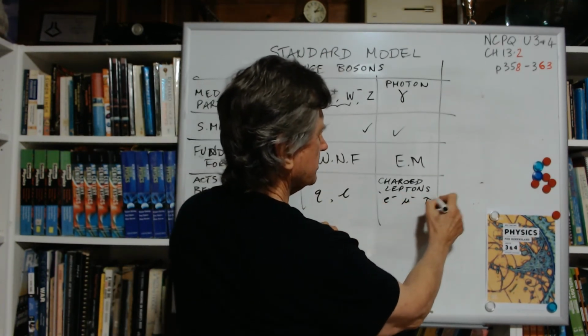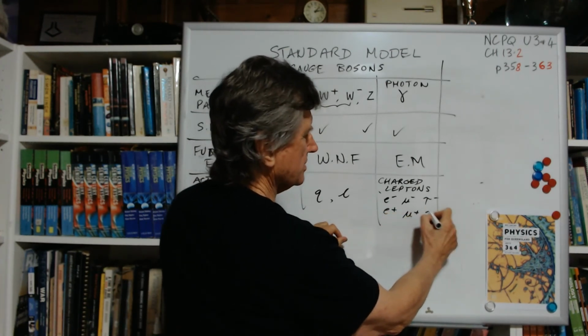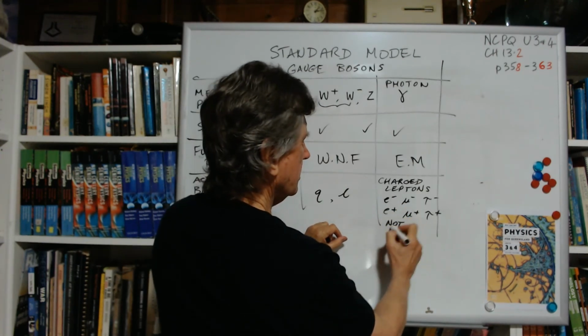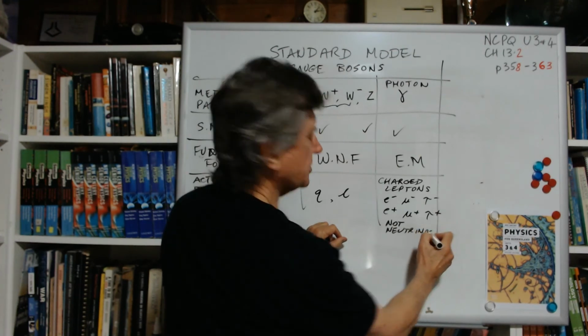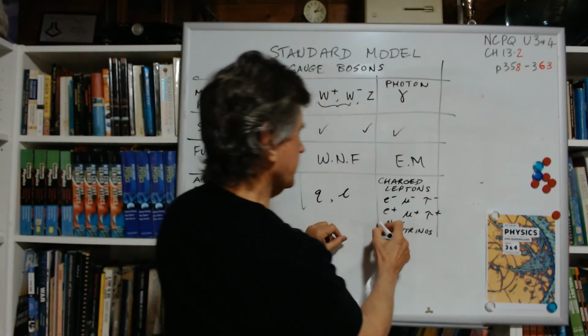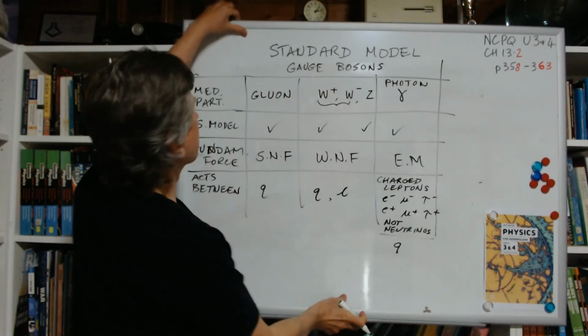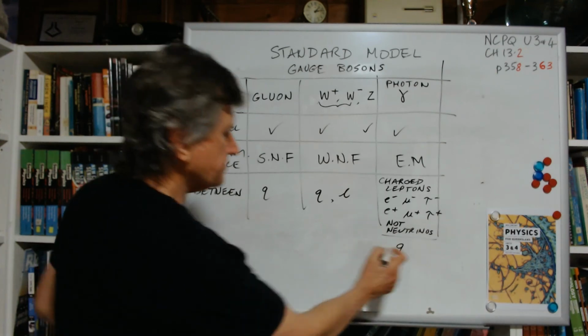It's not neutrinos, because they're not charged. So that's them, and we've also got between quarks. That's quarks there, Q-U-A-R-K-S.